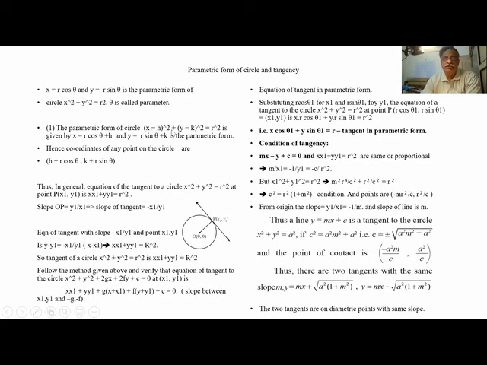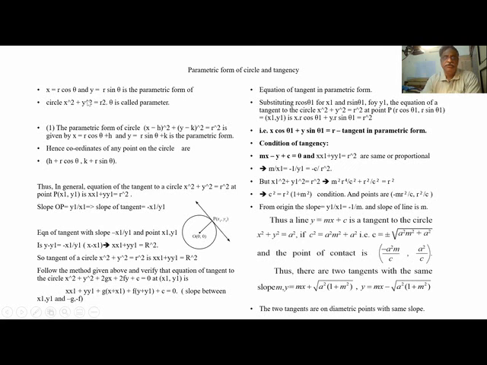Suppose x minus h whole square plus y minus k whole square is r square. The parametric form is given when I substitute x is equal to r cos theta plus h, y is equal to r sin theta plus k, because I am adding h to x dash and k to y dash. This is the parametric form of a general equation with this center.